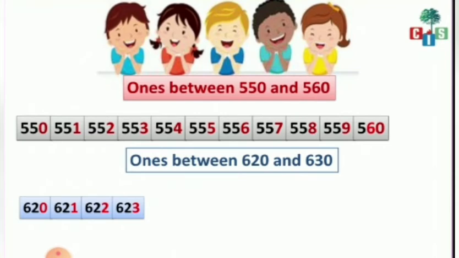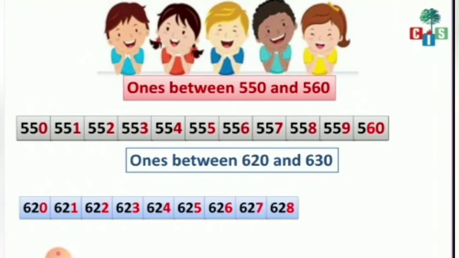What will come after that? 624, 625, 626, 627, 628, 629. And the last one is 630. Right? Okay. So we have completed hundreds, tens and ones.